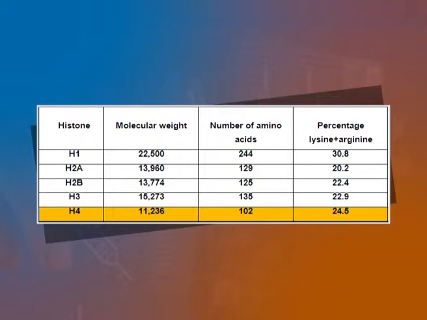H4, 11,236 is the molecular weight. The number of amino acids is 102 and the percentage of lysine and arginine is 24.5. 5 major families of histones exist: H1 or H5, H2A, H2B, H3 and H4.